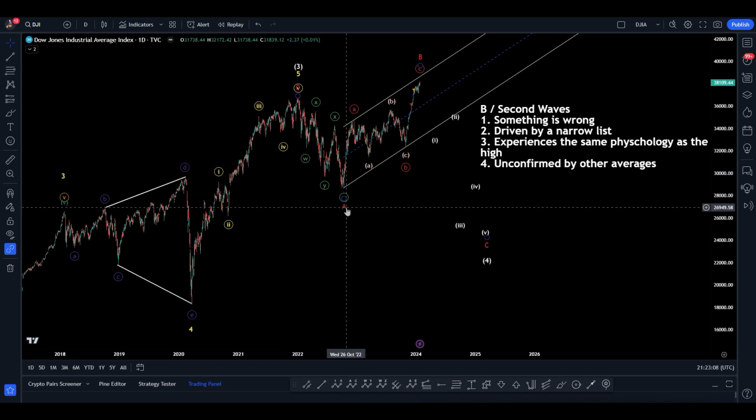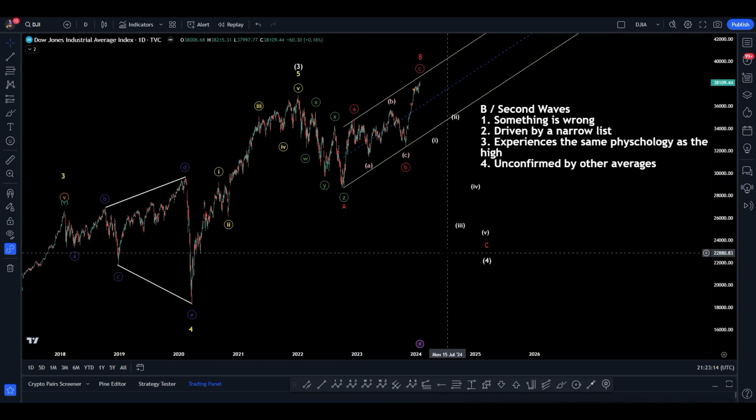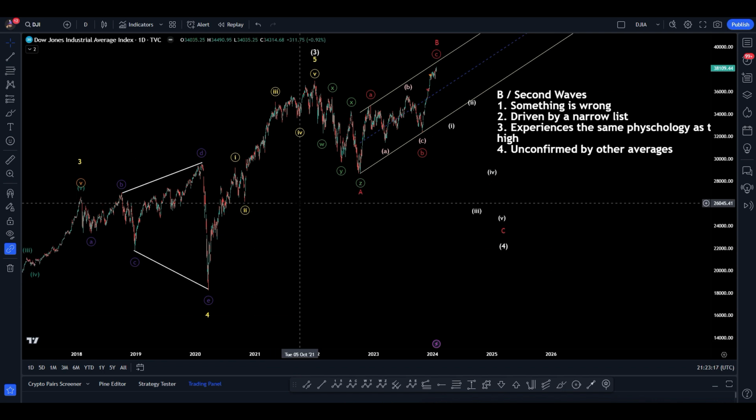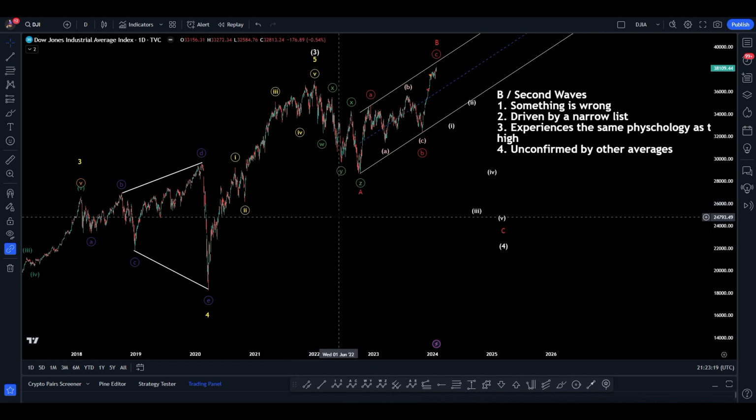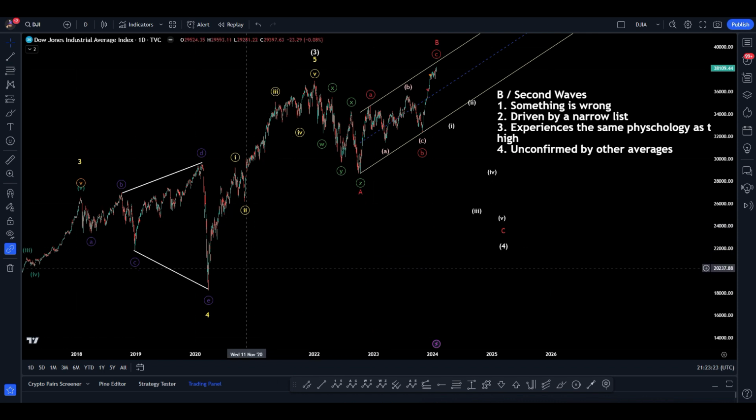We come down in what appears to be a triple zigzag and just barely touch the tippy top of it. Now, technically, does that meet the guideline? In all technicality, it does. Although most times you reach more towards the terminus of the wave, which would be down here.